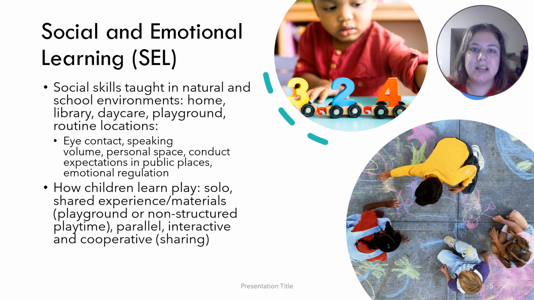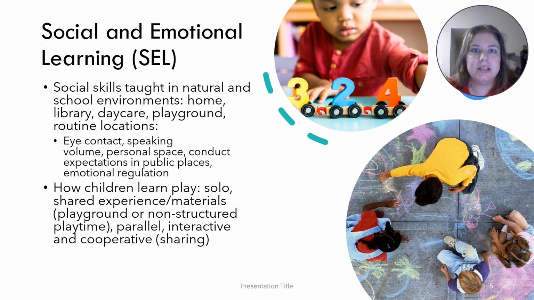So for adults, it may be not yelling curse words in a certain environment, or making sure that we're fully clothed in a public place. For children, it might be making sure we keep our shoes on in the libraries because it's a public place, or making sure we're not talking out of turn in school, making sure we know that we can't lash out with our hands if we're mad.